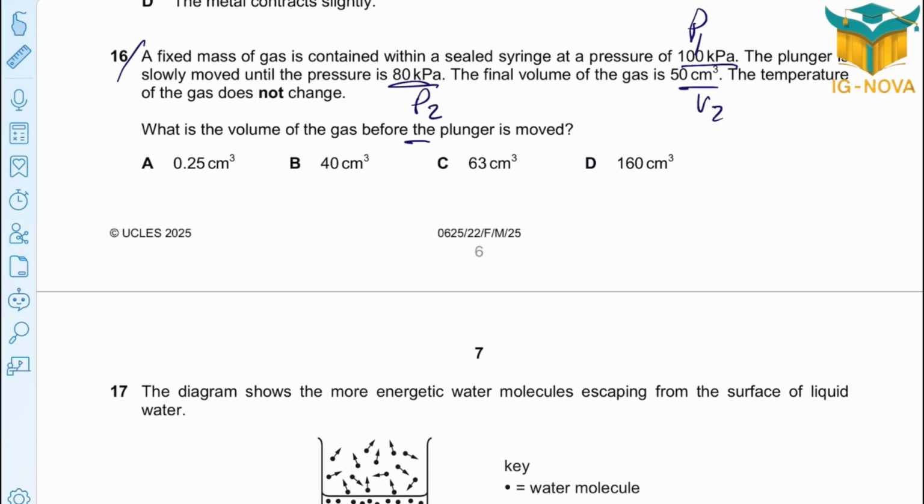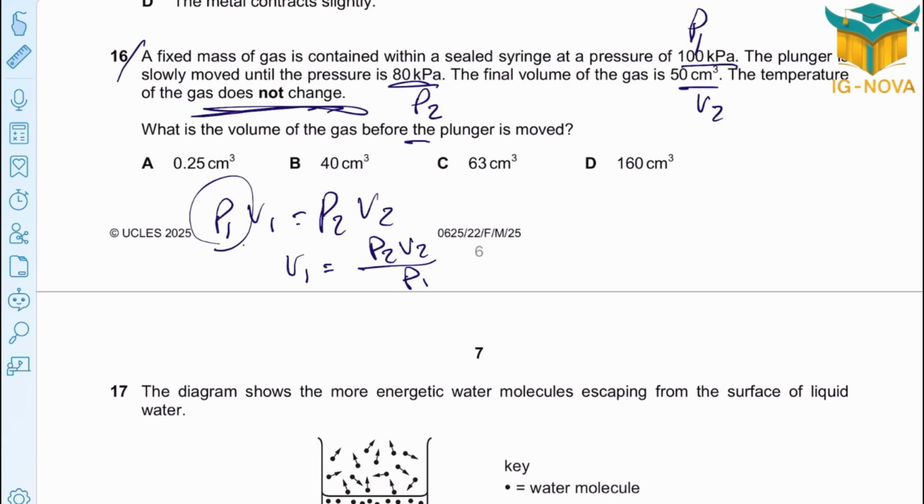Here, as the relation between pressure and volume at a constant temperature, P1 V1 equals P2 V2. We ask here for V1, so V1 is P2 V2 over P1.